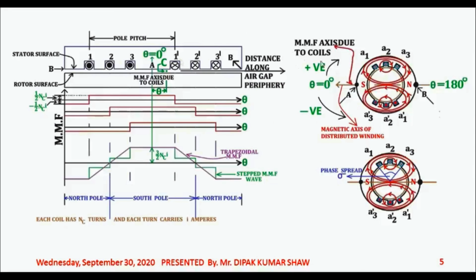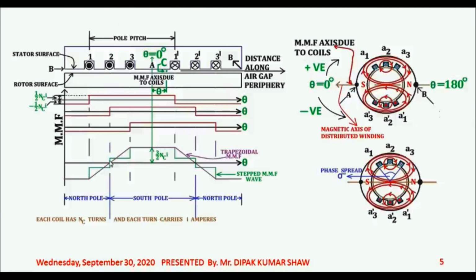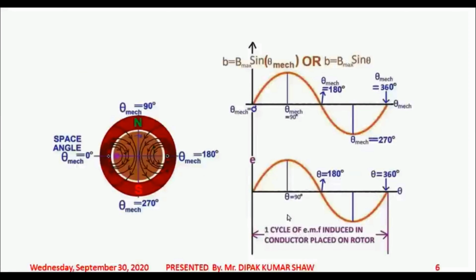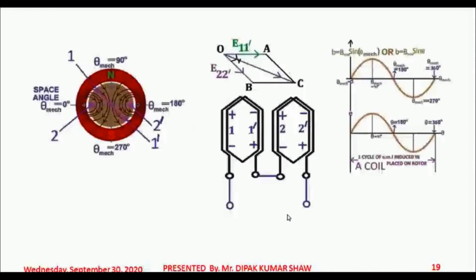If you have more than one coil distributed over the stator core like this one, then you will have this kind of waveform, which is very near to sinusoidal compared to the previous case. Compared to this rectangular mmf wave, this trapezoidal waveform is nearer to a sinusoidal wave. On that basis only, we have made the assumption that we are ignoring the harmonic component, that is, we are ignoring the space harmonic.